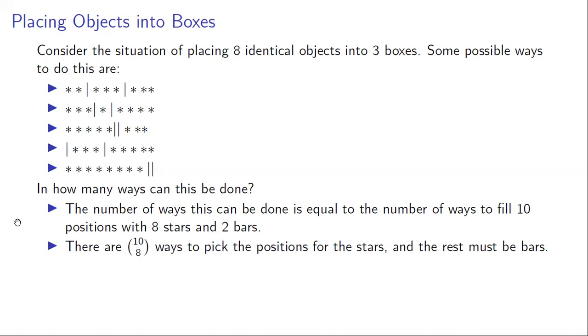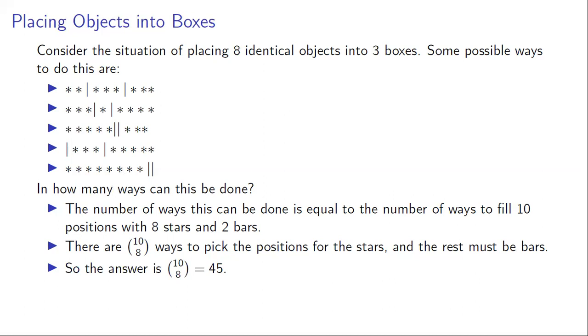So if I'm trying to make a random diagram, I have 10 slots to fill, and 8 of them must be stars. I don't care about the order of the stars because they're all identical to me. So there are 10 choose 8 different ways to pick the positions for the stars. And then once I do that, the only 2 open slots must be bars.